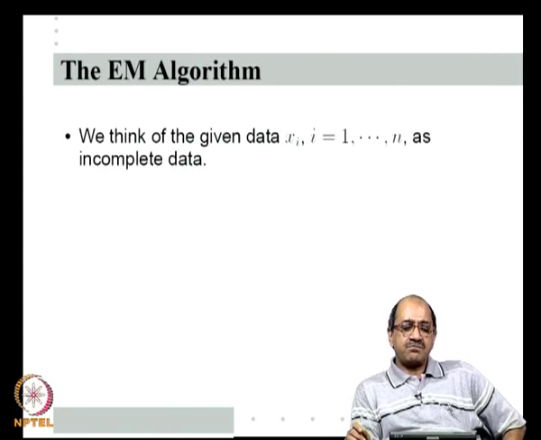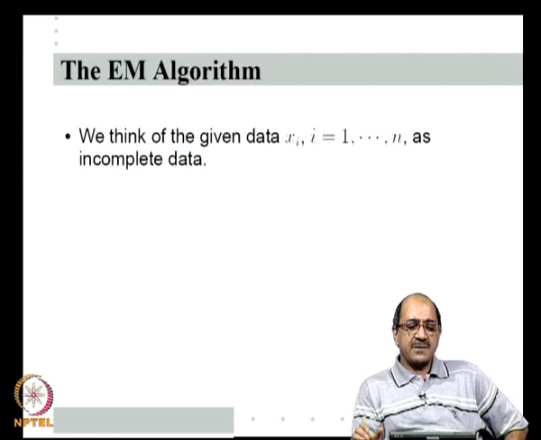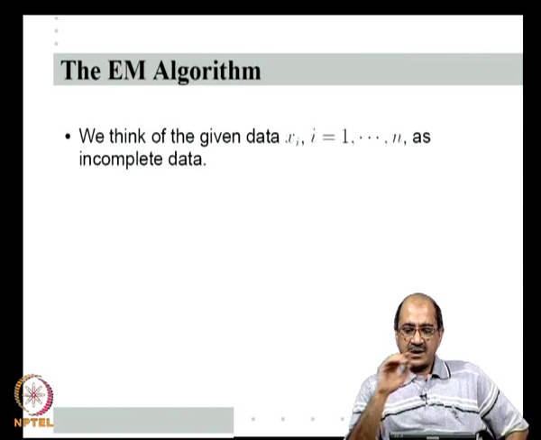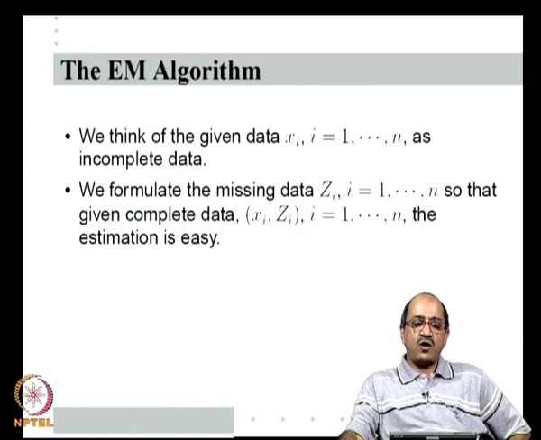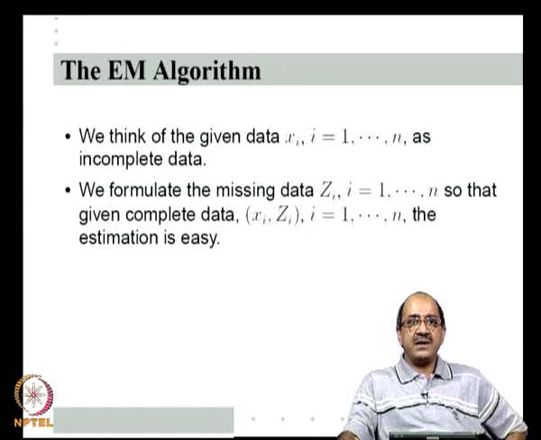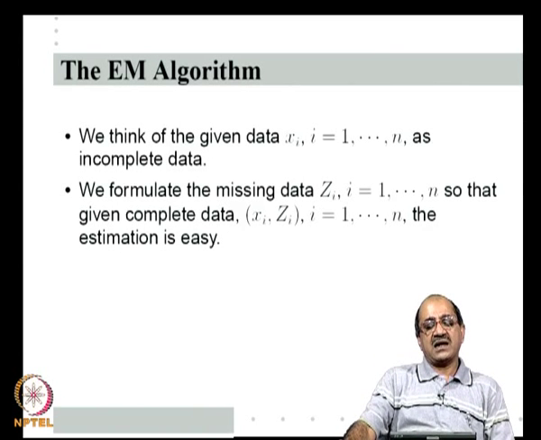is for estimation problems, where we think of the given samples, the IID samples we have from the density, as incomplete data. They are incomplete because we can formulate what we call missing data, and we formulate the missing data in such a way that had we been given the complete data consisting of both xi's and zi's.